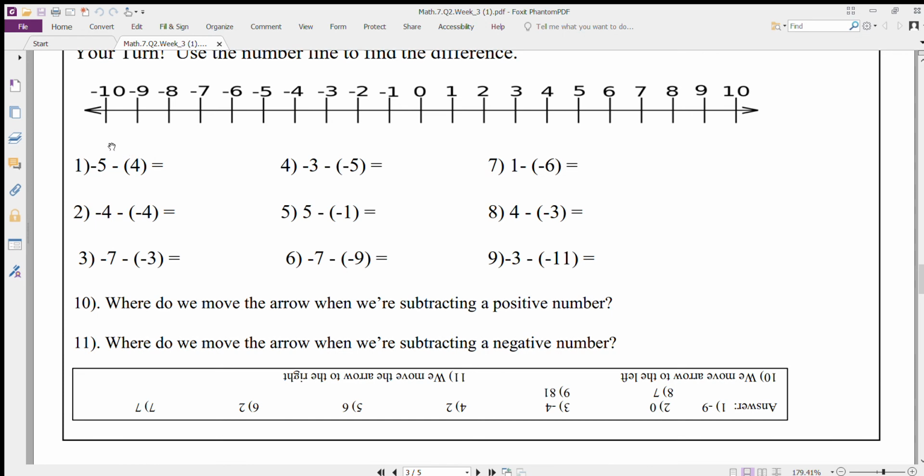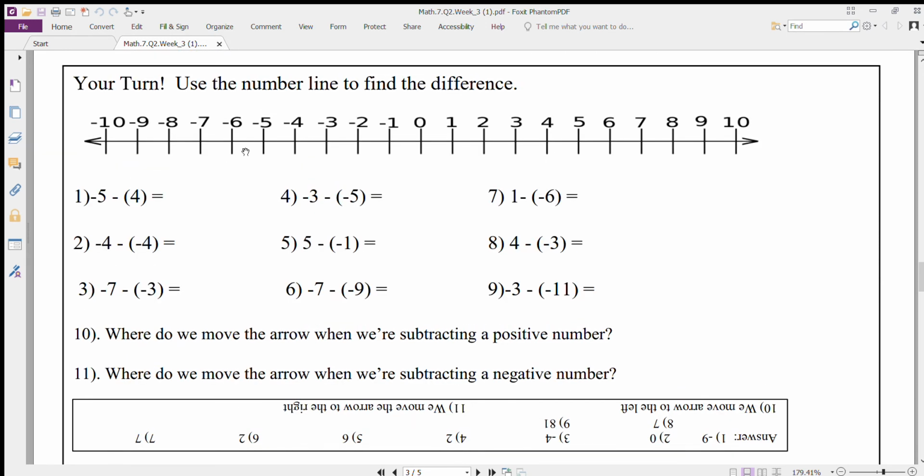I want you guys to do 1 to 9. So here, let's try this together. Negative 5 minus positive 4 is negative 1. How about 2?